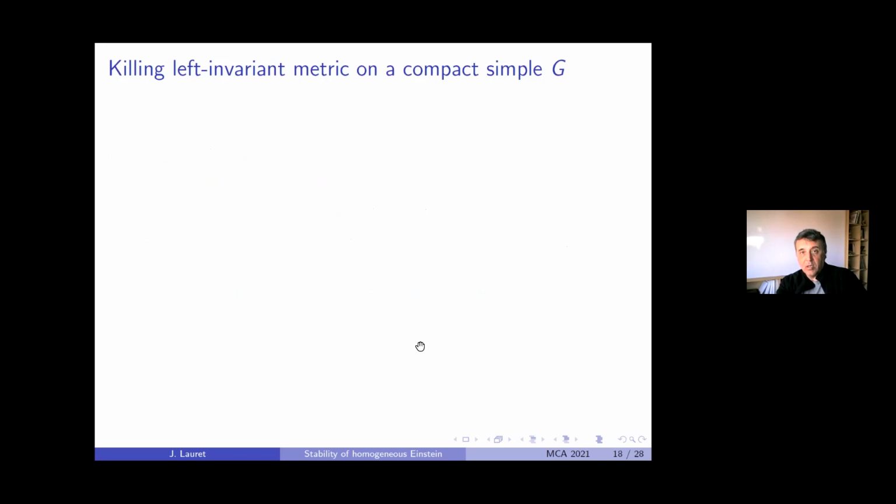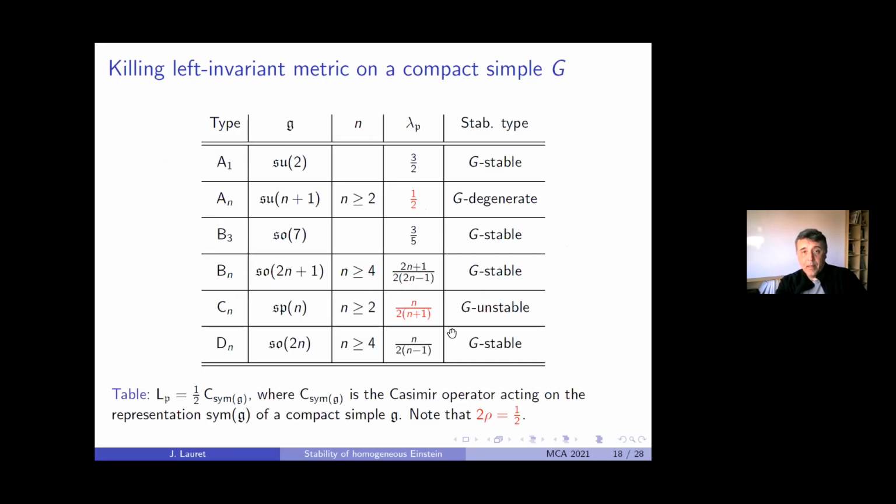Recall that we are in a finite dimensional situation. But before that, for instance, you have something for free. If you take the Killing left-invariant metric on a compact simple Lie group, so minus the Killing form, since the Killing form is negative definite, minus the Killing form defines a very canonical metric on a simple group G, and it is always Einstein.